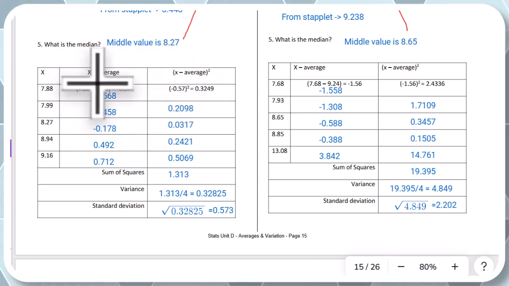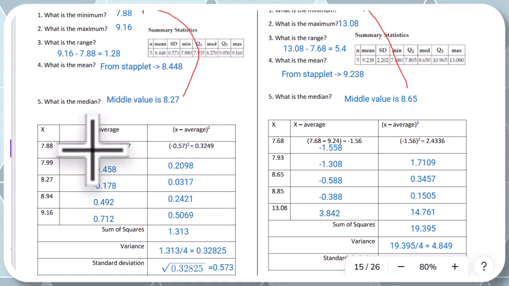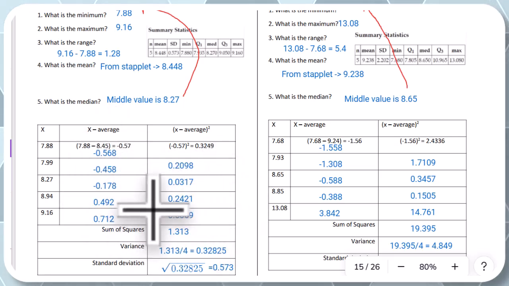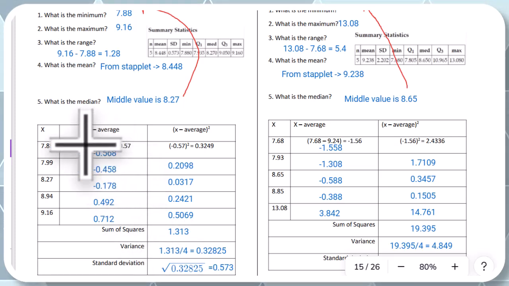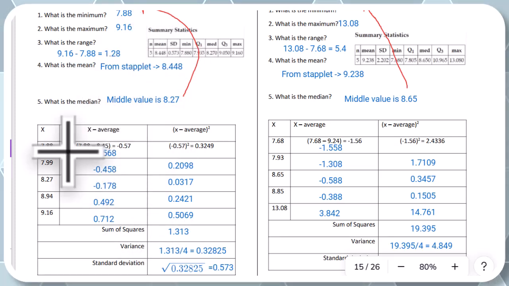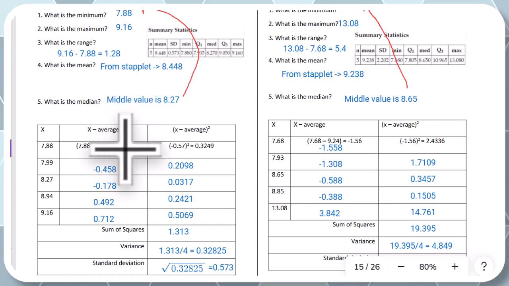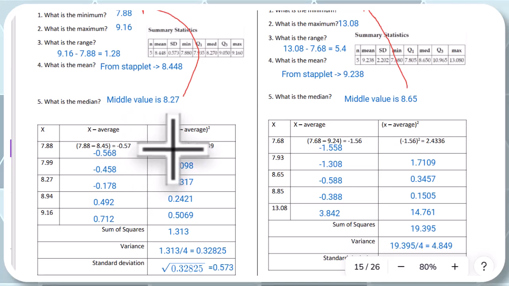You could have looked up 8.45, and that tells you the mean. So if I have a filled out line like that, which I do, in fact most of the lines should be filled out. You just need to fill out a box or two for your quiz. So we take the individual data point. First data point is 7.88. We subtract the mean. We get negative 0.57 or negative 0.568.